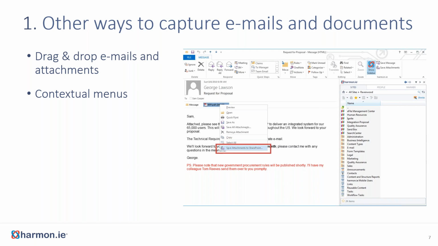So it's a little bit different than the drag and drop, but it's another way that people can capture that content. It'll obviously be captured in exactly the same way. All the header information from those emails will be captured.